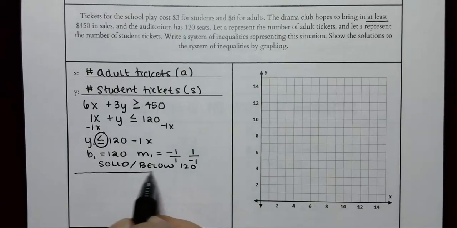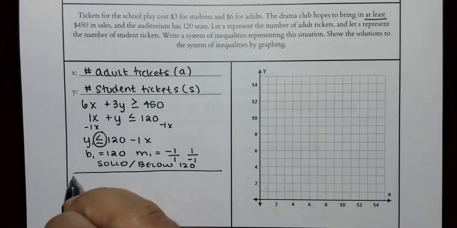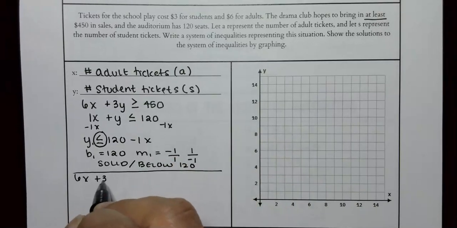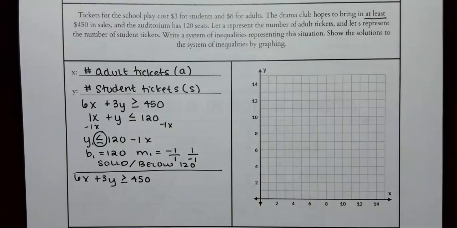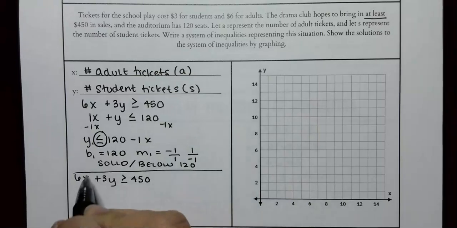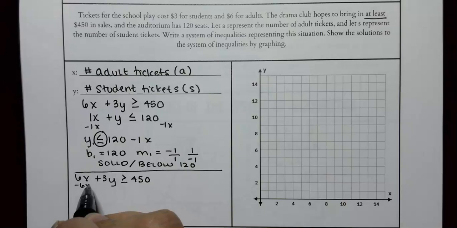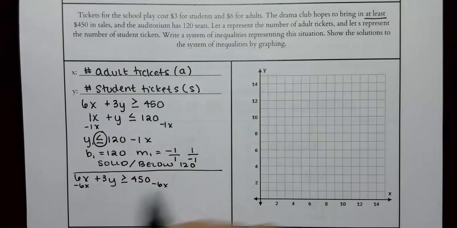So I'm going to draw a line because we're going to take 6x plus 3y is greater than or equal to 450. And we're going to solve this one for y as well. So let's subtract 6x from both sides. And so we get 3y is greater than or equal to 450 minus 6x.